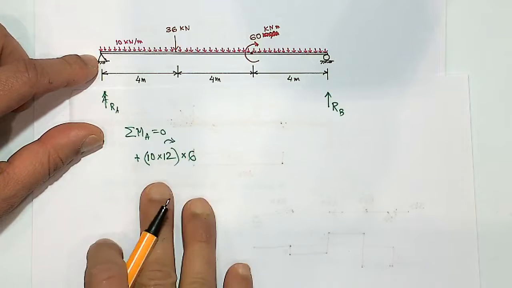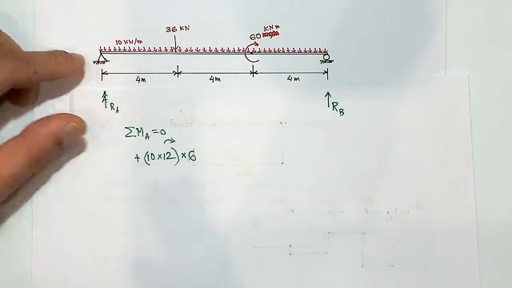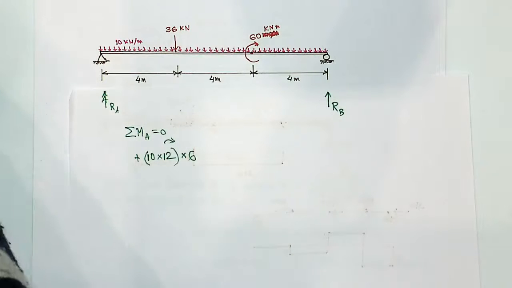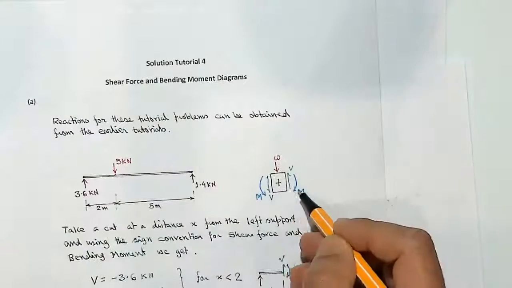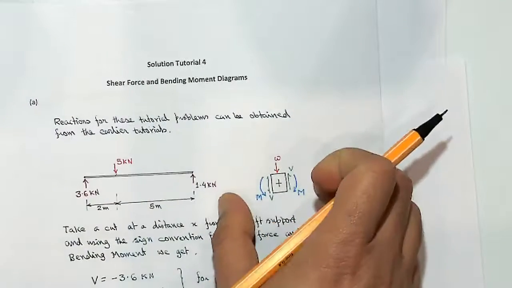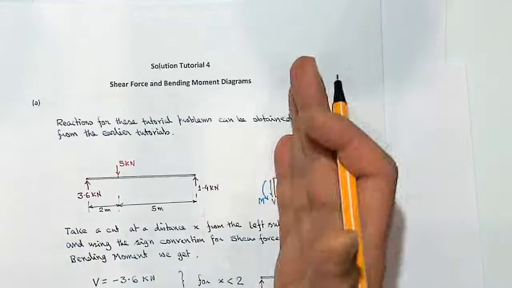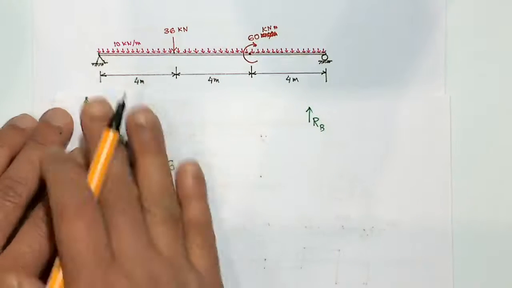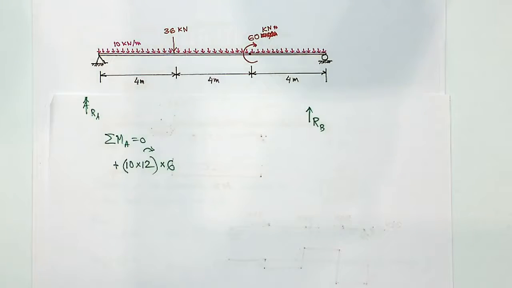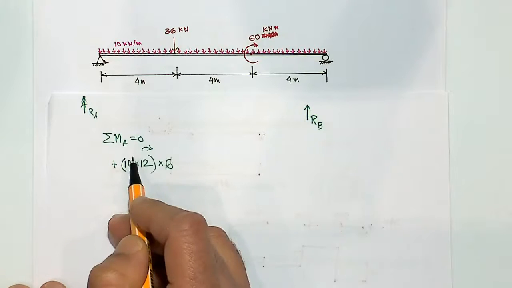Now remember, when we are taking moment equilibrium, the sign convention is different from the sign convention we choose to draw bending moment and shear force. Bending moment and shear force sign conventions come as a pair, with the left of the cross section and the right of the cross section. So this is different from when we are calculating moment equilibrium of the whole beam, or the free body. These are equilibrium equations that we are doing.